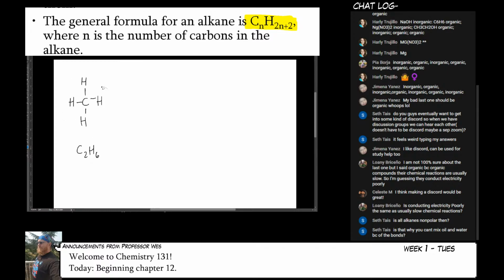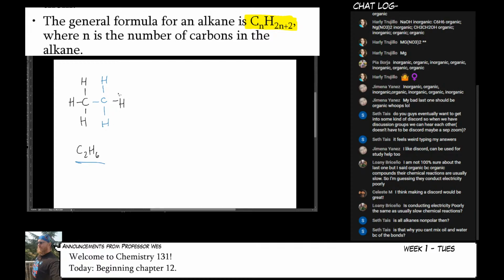I'm going to take the cut tool and cut this part, and we're going to move it over here. And then I'm going to add in this part. And so that's how I get C2H6. So each time I add a carbon, I also add 2 hydrogens.